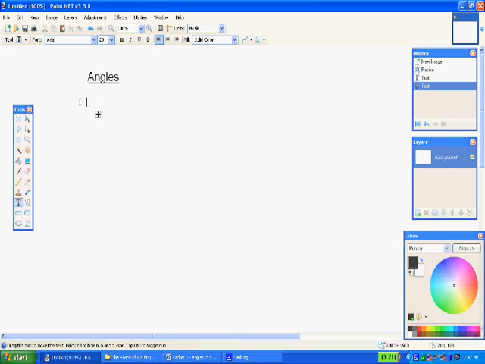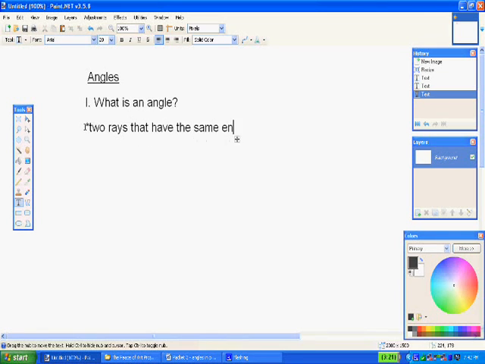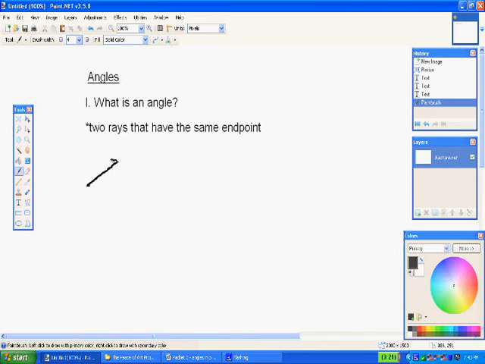On your notes, go ahead and write down, what is an angle? Well, an angle is made up of two rays that have the same endpoint. So we have this ray, and then this ray, which shares the same endpoint, and together they make an angle.